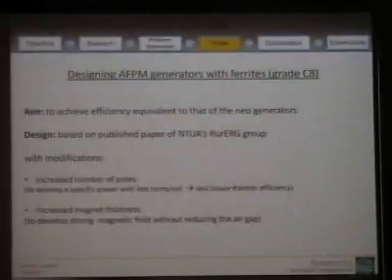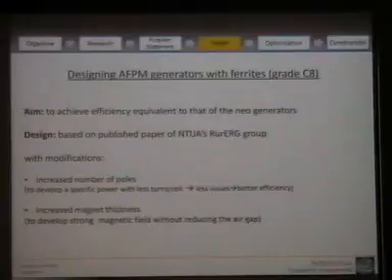We designed AFPM generators using ferrite of grade C8, and our aim was to achieve efficiency equivalent to that of the neo generators.